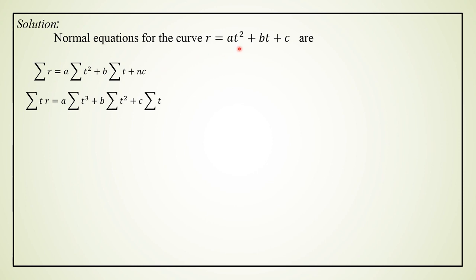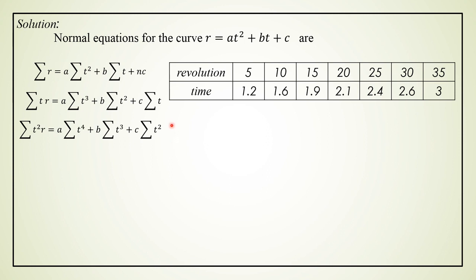Then you have t square, therefore multiply t square throughout and then take the summation. So the third normal equation is summation t square r, that is equal to a into summation t to the power 4 plus b into summation t cube plus c into summation t square.